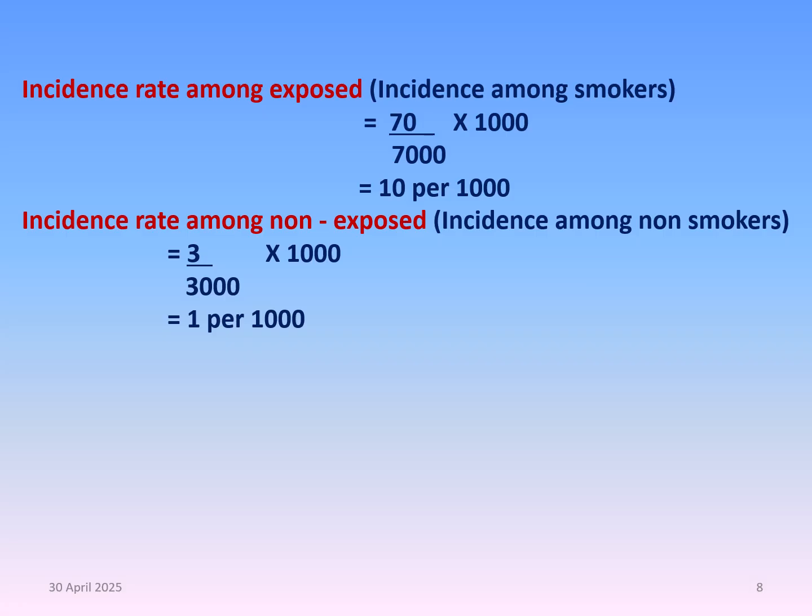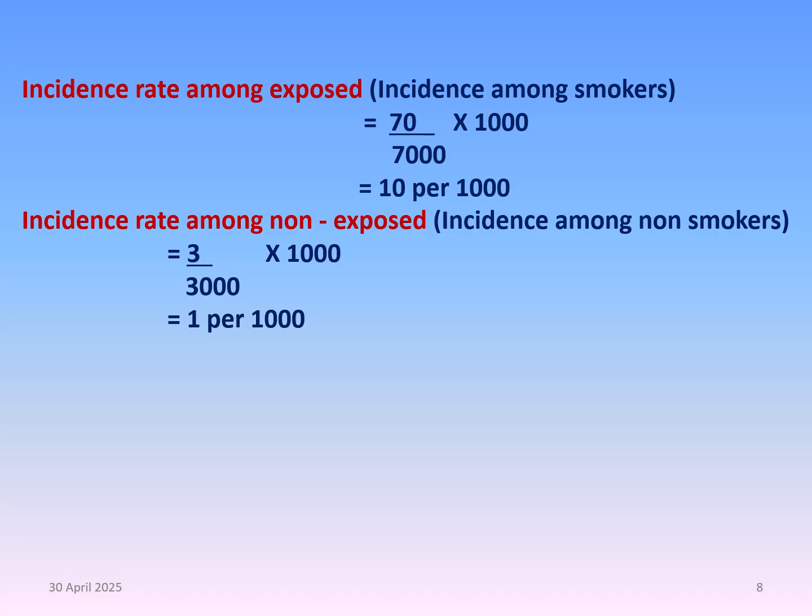Incidence rate of lung cancer among non-smokers is calculated as 3 out of 3,000. So 3,000 non-smokers were there, only 3 developed lung cancer, right? So 3 divided by 3,000 multiplied by 1,000. So 1 per 1,000. So incidence rate of lung cancer among non-smokers is 1 per 1,000.